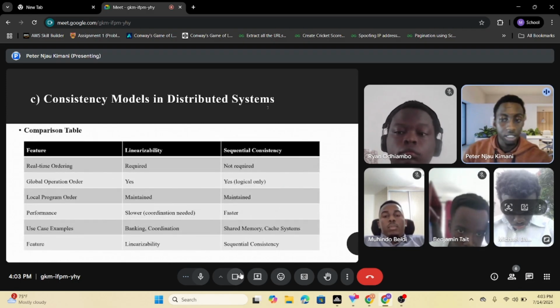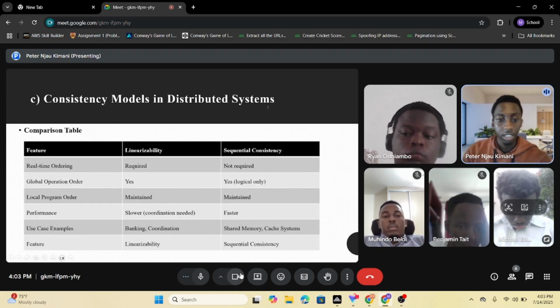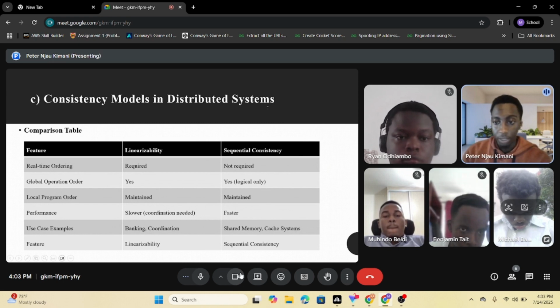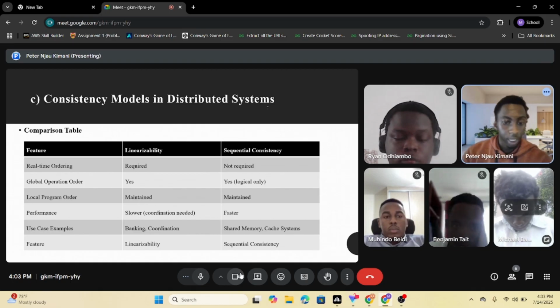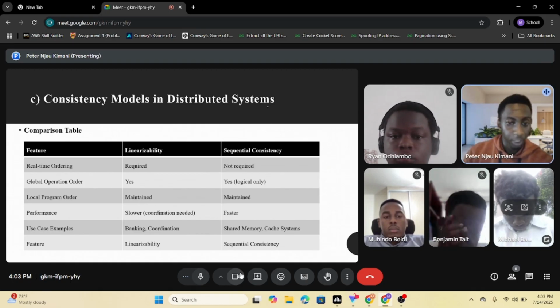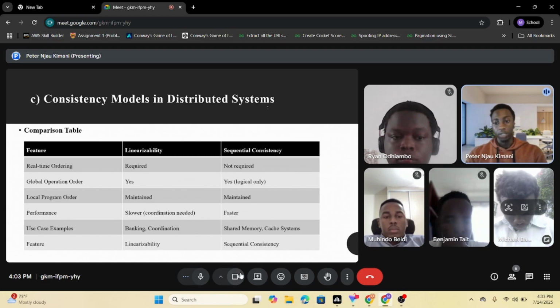So the difference between linearizability and sequential consistency can be summarized in this table. Linearizability has real-time ordering, as for sequential it does not. Both have a global operation order, since they both use logical order.